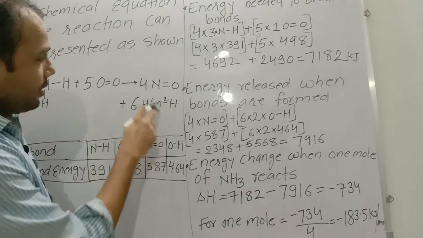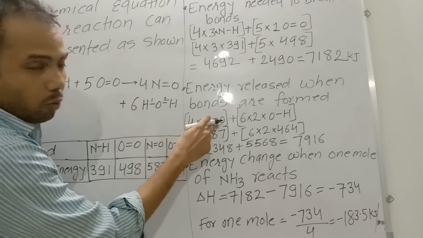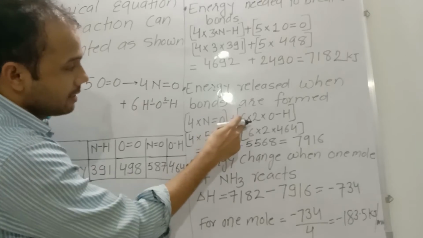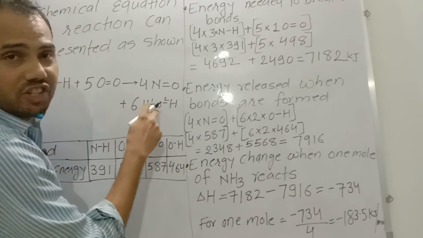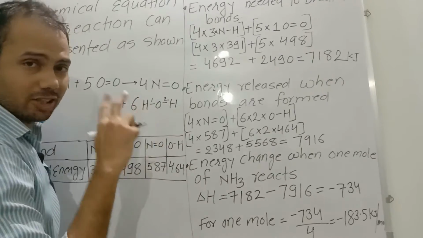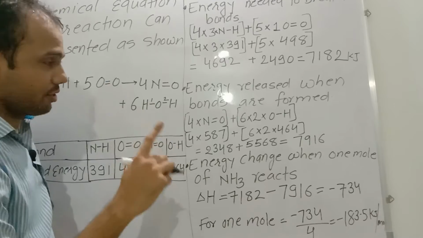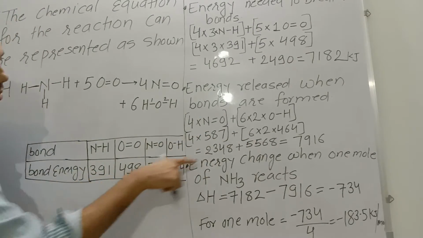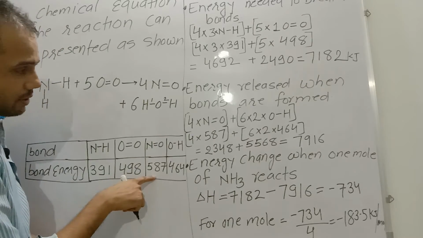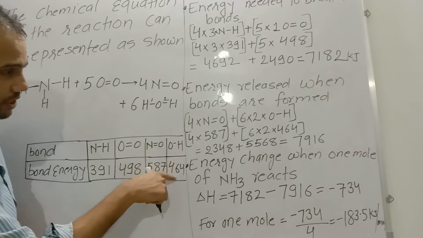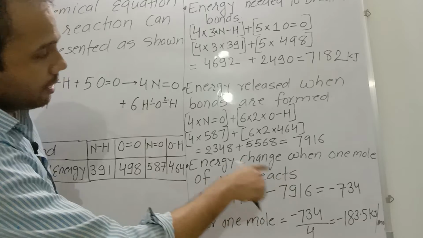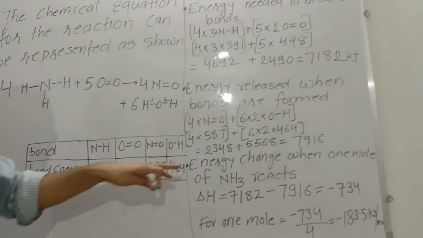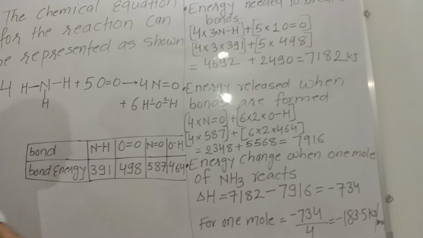So that's why I have written it here 4 NO plus 6 multiplied by 2 O-H, because there are 2 O-H bonds in water, and the value is already given. For NO its value is 587, and O-H it's 464. So when we multiply and add it, we are getting 7916.